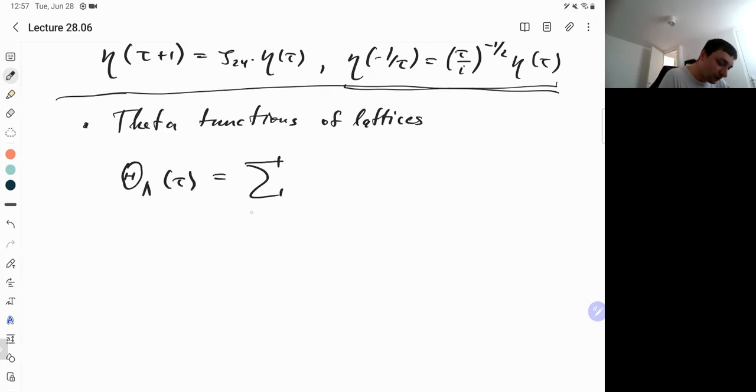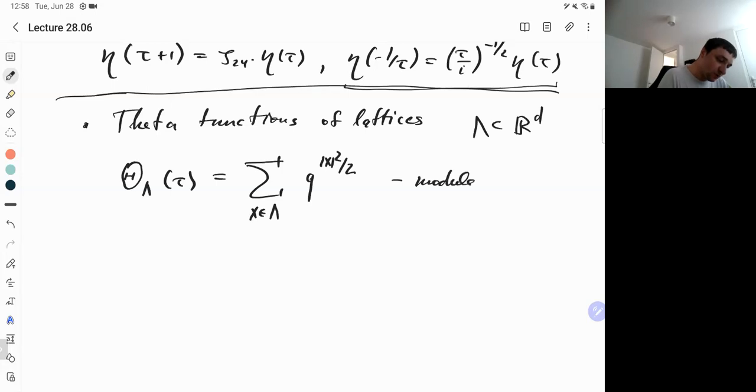It's a sum over all elements in the lattice, which is not necessarily 2-dimensional but lives in a d-dimensional space. You just put q to the power of the absolute value squared of x divided by 2. The division by 2 is optional, it will just change the group on which this thing is a modular form.